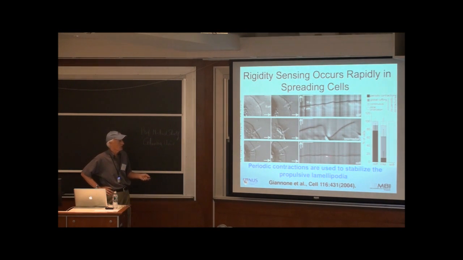What you find is that there's a rapid flow of actin inward, no adhesions are generated, whereas on stiff surfaces you see these periodic contractions, the cells spread further and build adhesions on those surfaces.